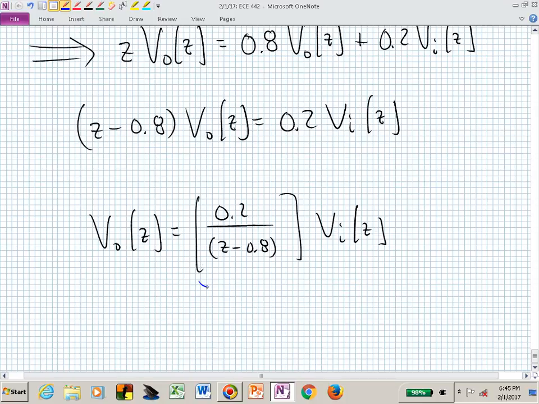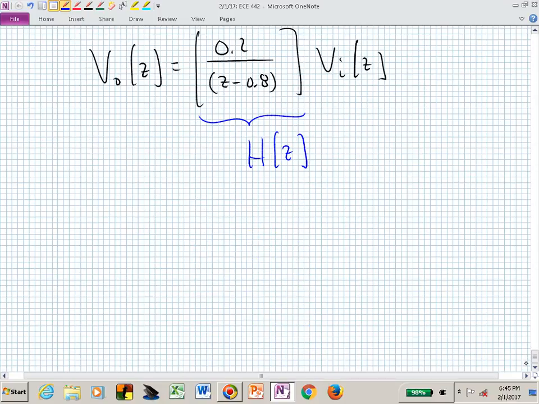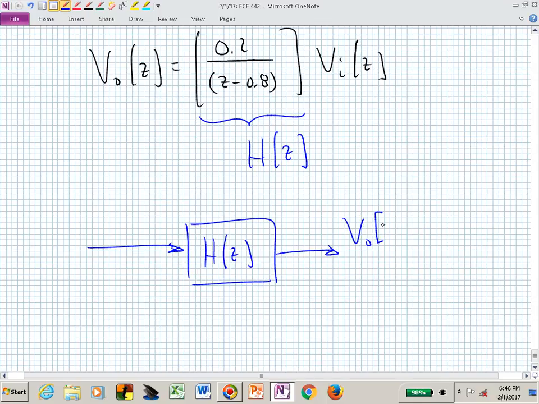And our transfer function for the discrete time system is now this H of z, and that should be relatable to this block diagram. And what I was unable to get to, which I may do after the fact, is start to illustrate what this looks like in terms of its frequency response.